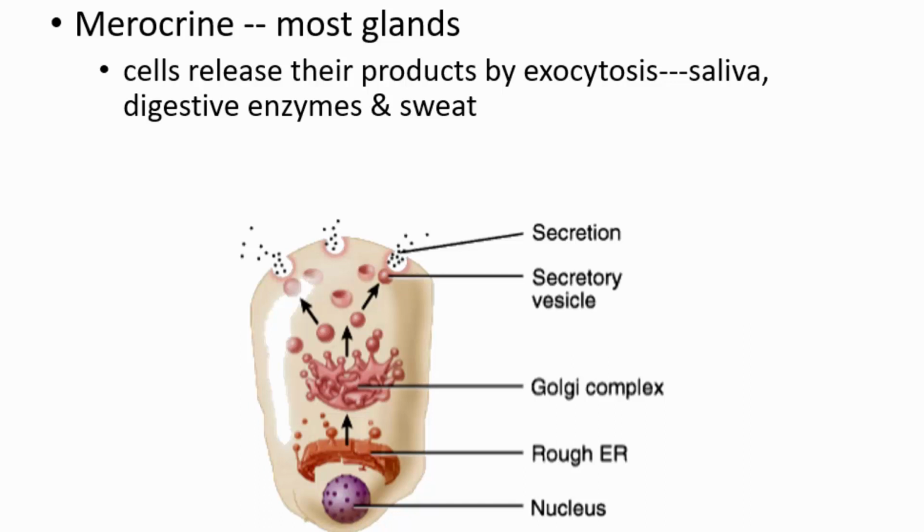It's sent to the Golgi, where it's modified, packaged, and shipped out through secretory vesicles. These secretory vesicles then fuse with the cell membrane and spit out the product into a duct. And in the case of saliva, it would be literally spitting out that product into a duct. But anyway, I digress. So that would be the merocrine glands.